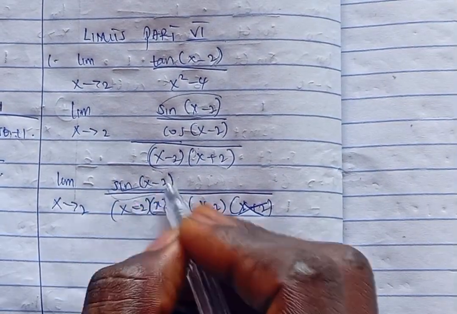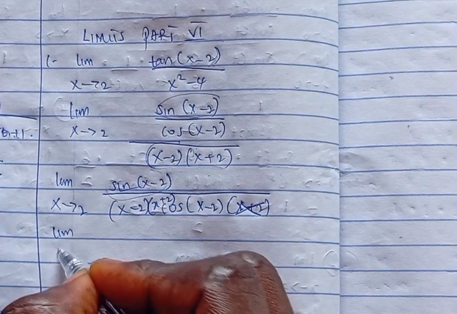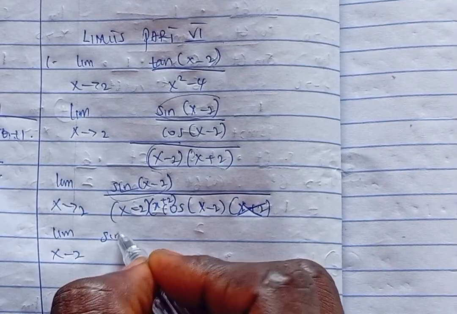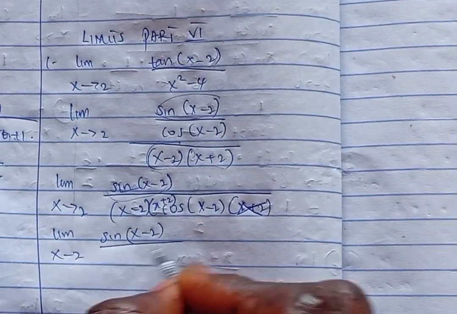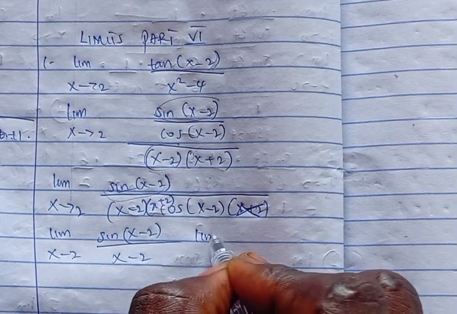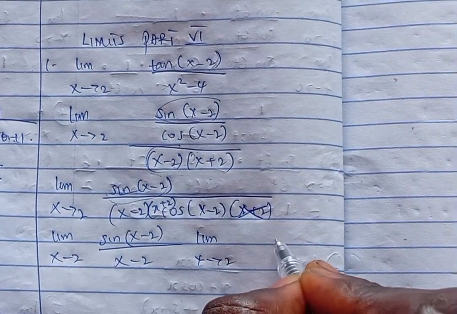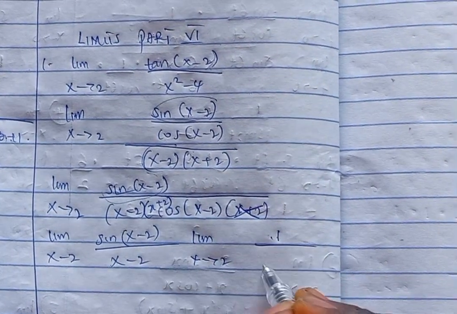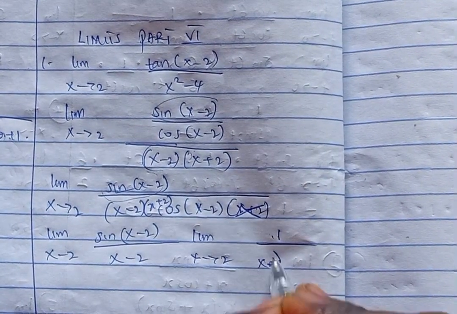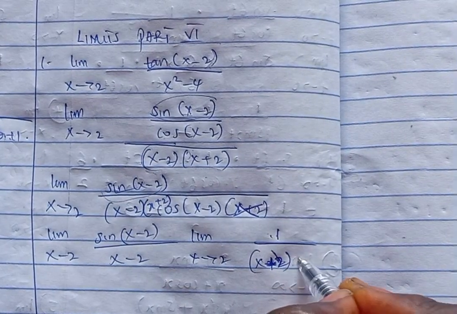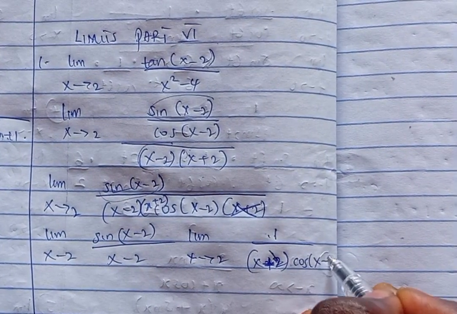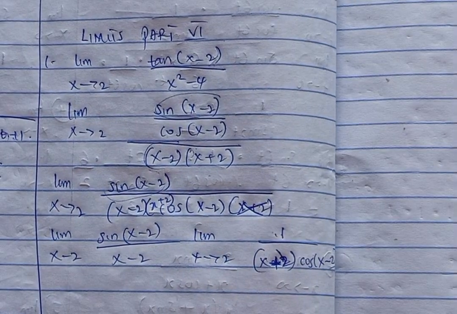Okay, this one and this one, I can distribute the limits to them. The limit of sin(x minus 2) over (x minus 2), multiplied by the limit as x tends to 2 of 1 over (x plus 2) cos(x minus 2), right?